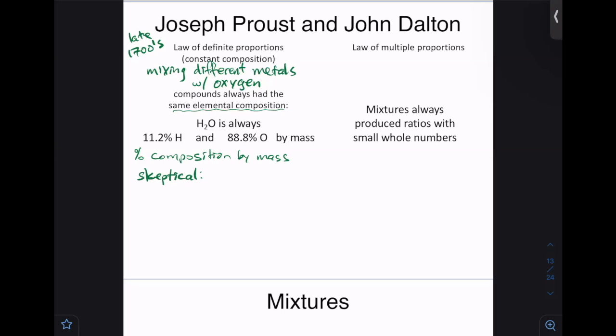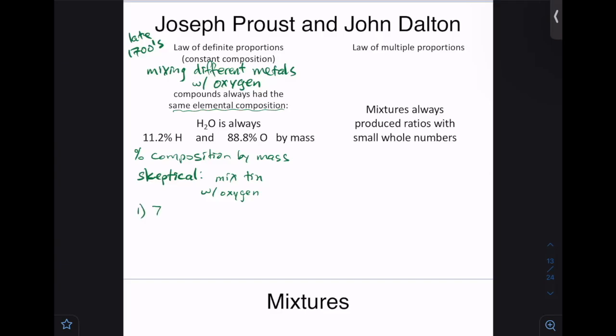So the skeptics would mix tin with oxygen. Let's spell oxygen the right way. And they found different things coming out of it, not just one thing with the same constant composition. They found 2 types of compounds.